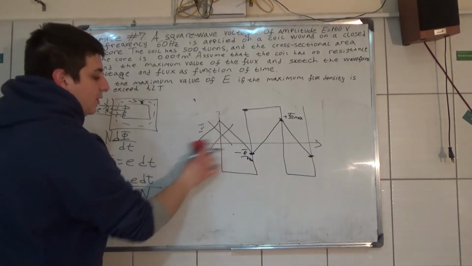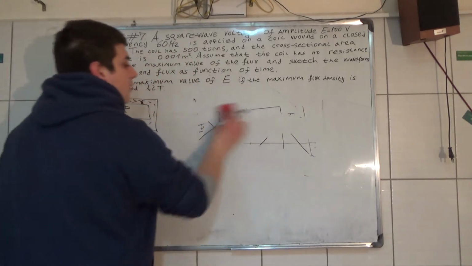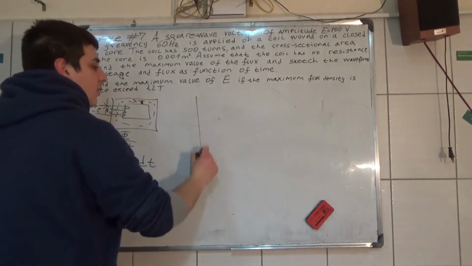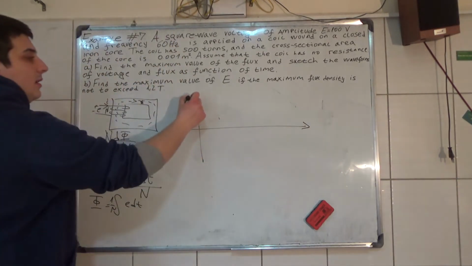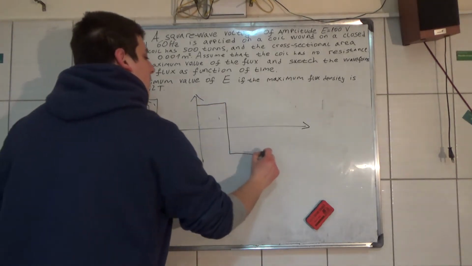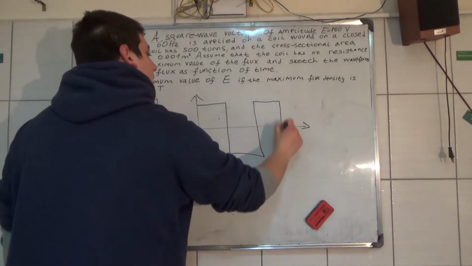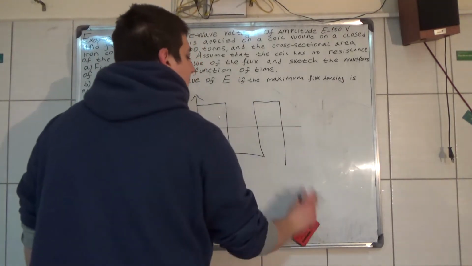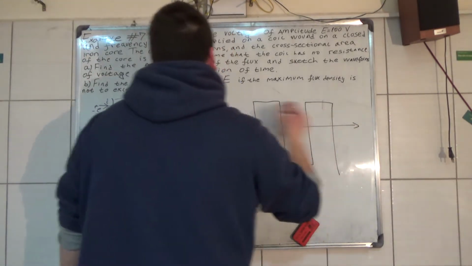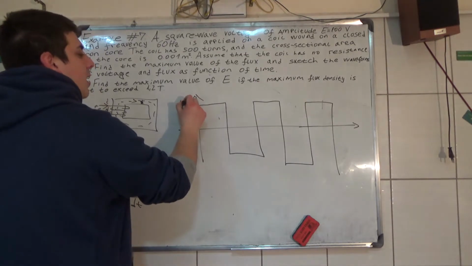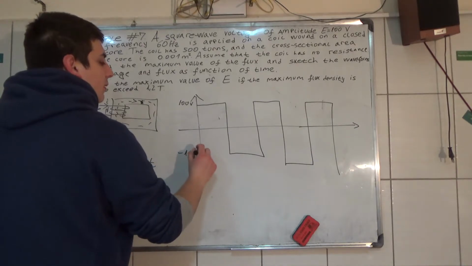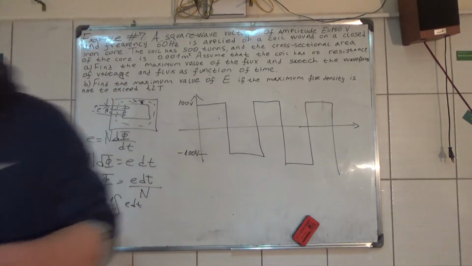It is very important to know that for a steady state, E goes something like this, and so on. So this is E, which has amplitude 100 volts and minus 100 volts.